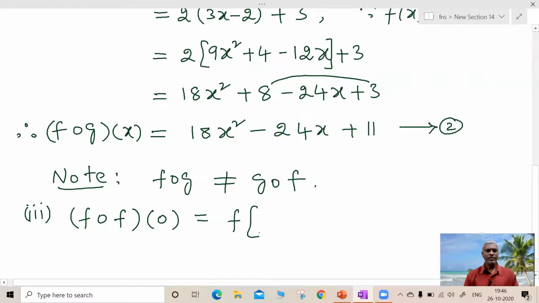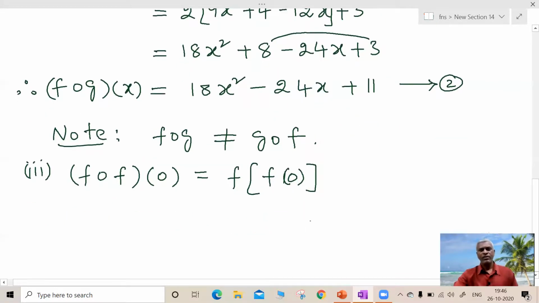First we break the circle and separate the function. Now it is f(f(0)), with f(0) inside. So we know how to find f(0) by using the f function.